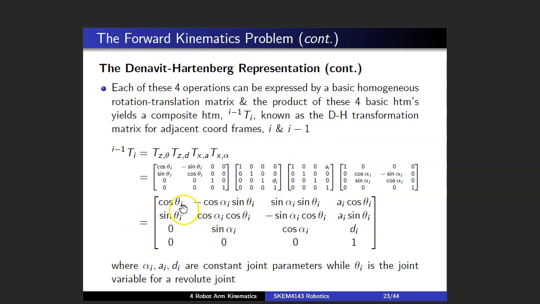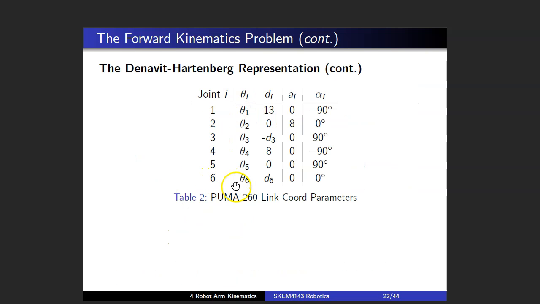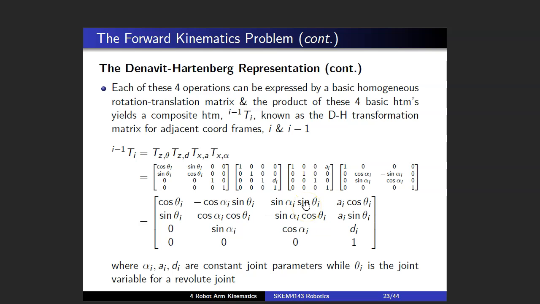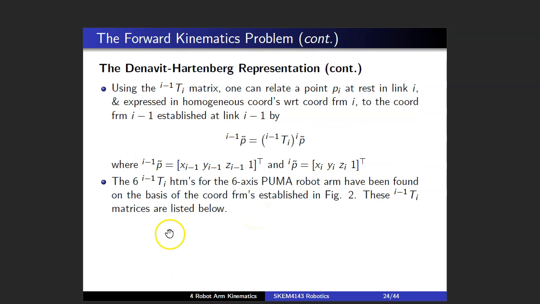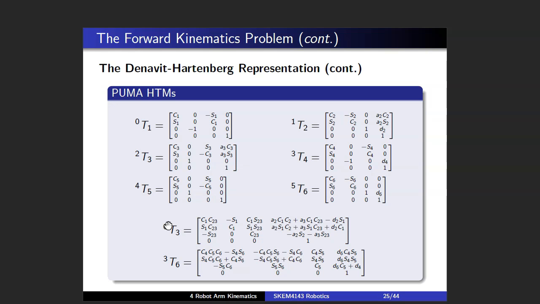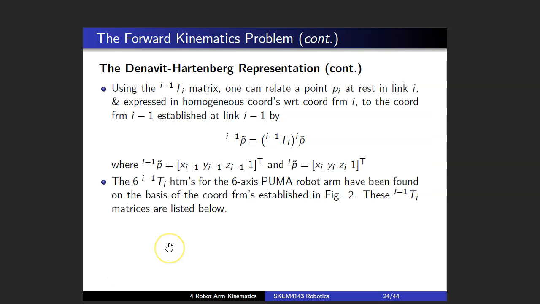But theta we leave as a variable because theta depends on the configuration of the robot, whereas d i, a i, and alpha i are constants because they depend on the coordinate frames that we have established, and normally we won't change our coordinate frames. Once we have obtained that, we can multiply these matrices together to get T60, for example. All right.